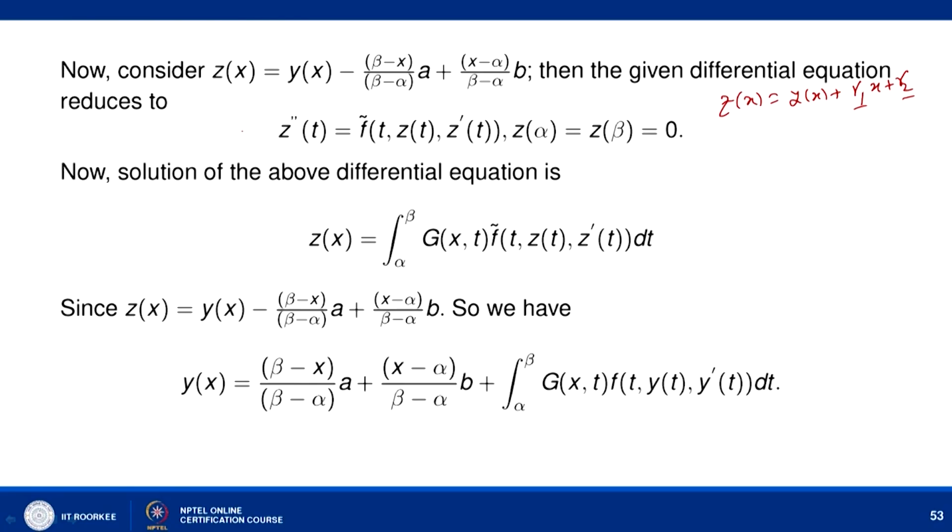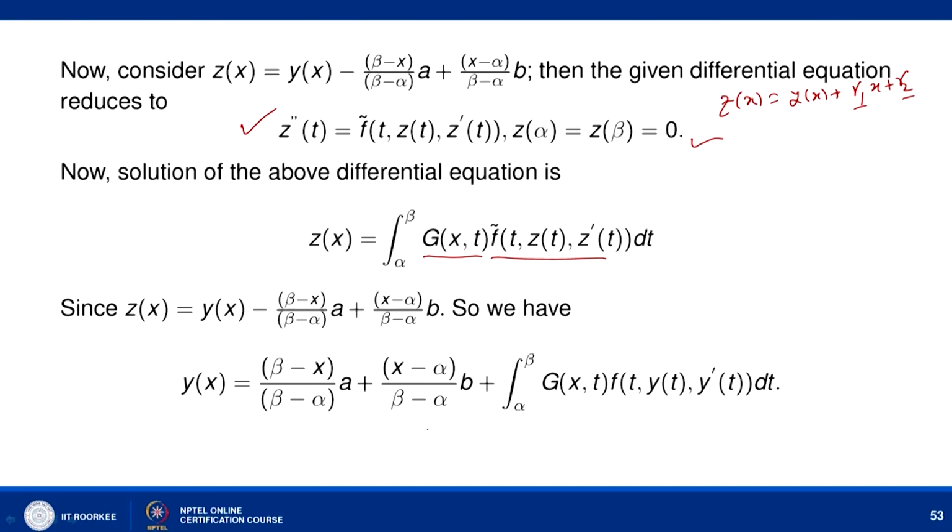Then our problem is now reduced to z''(t) = f tilde(t, z, z'), where z(alpha) = 0 and z(beta) = 0. So now we can write down the solution of this non-homogeneous problem as z(x) = integral from alpha to beta of G(x,t) f tilde(t, z, z') dt.